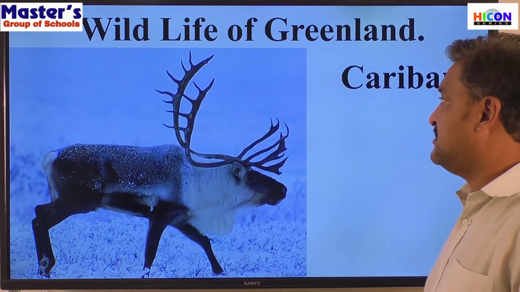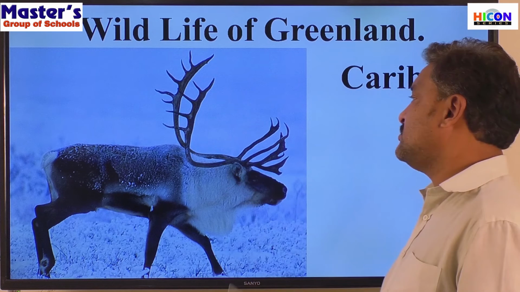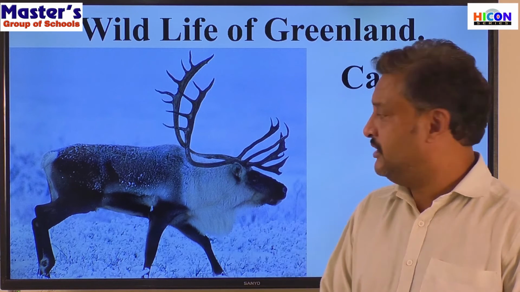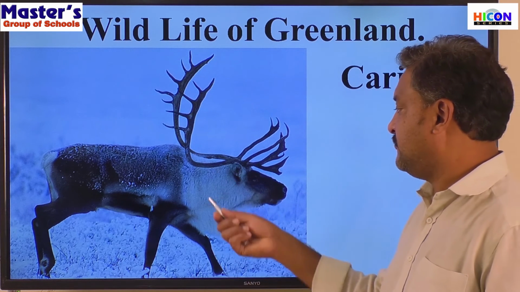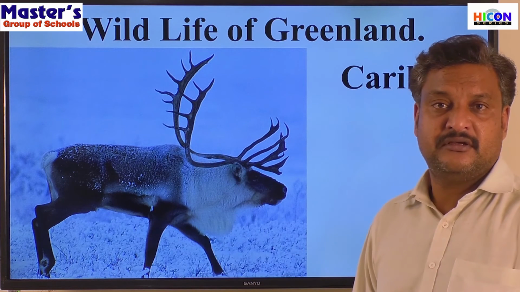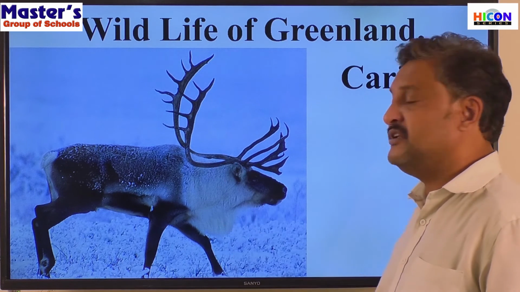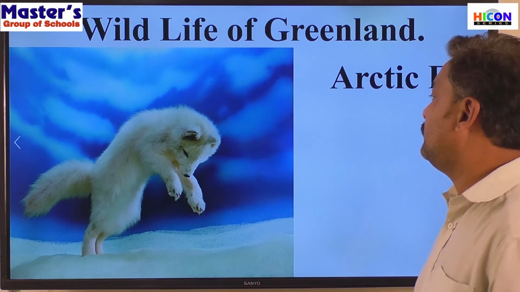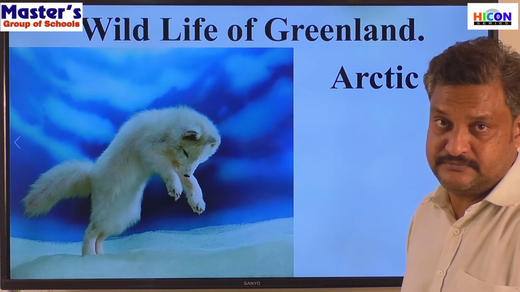In the olden days, caribou horns were used as weapons by the people over there. This also has thick fur, and flesh and skin were mostly taken from these animals. Right? Next is the Arctic fox, a wild animal there.